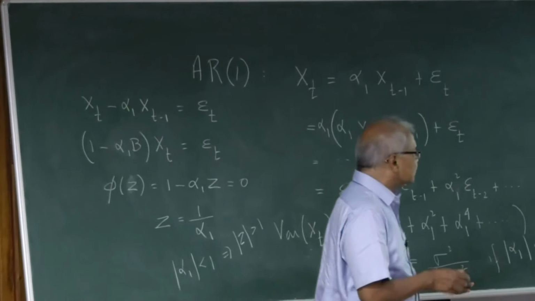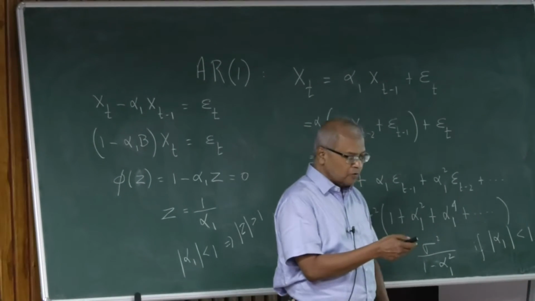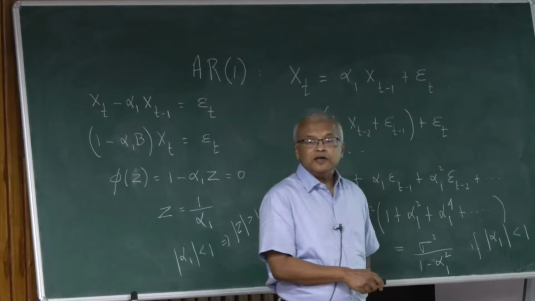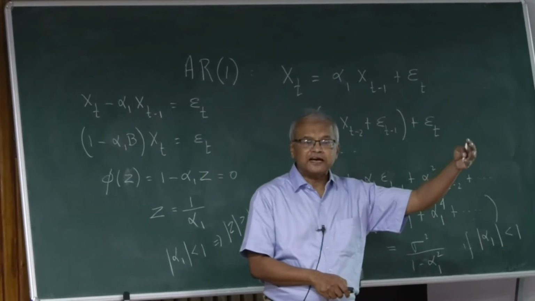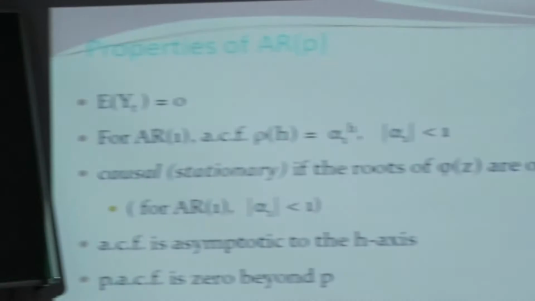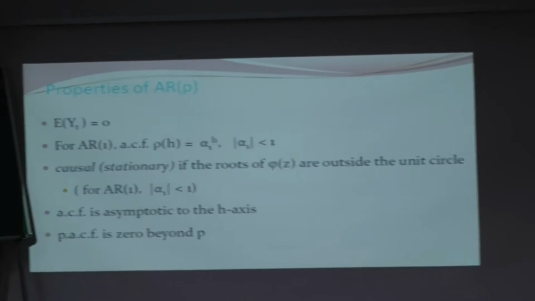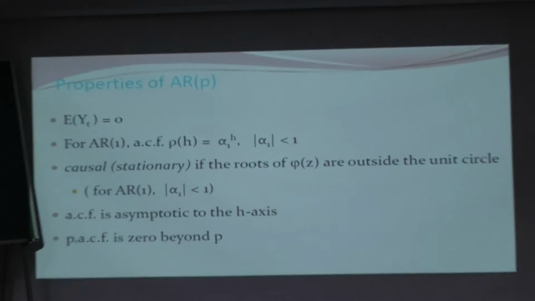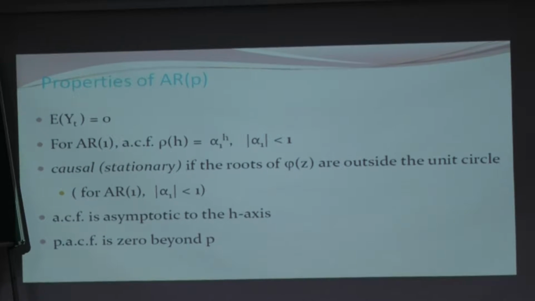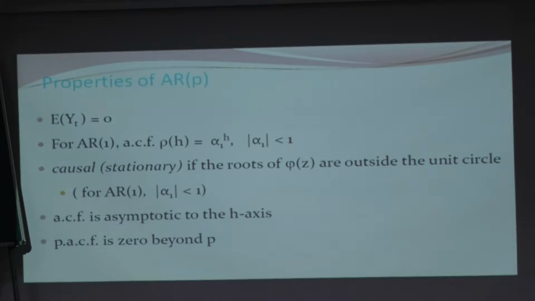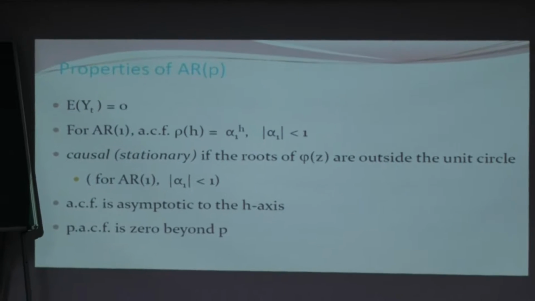Okay? So that's the language that we generally use, because when you have more than one step, if you are a general ARP, how many roots would you get? P roots. And these P roots, some of them may be real, some may not be real also.